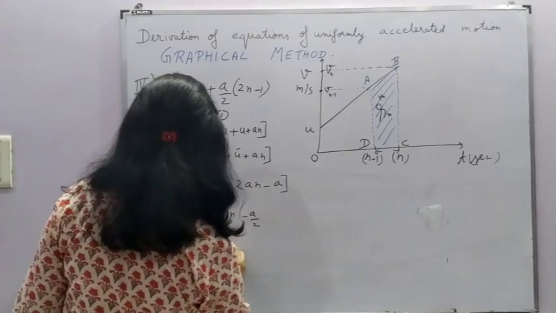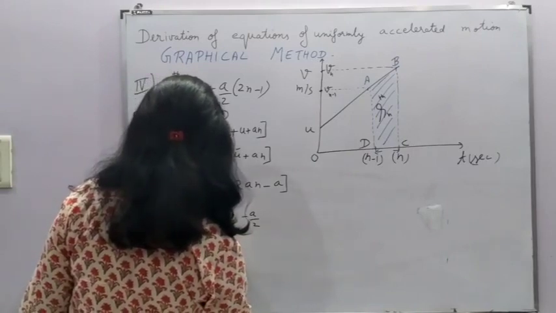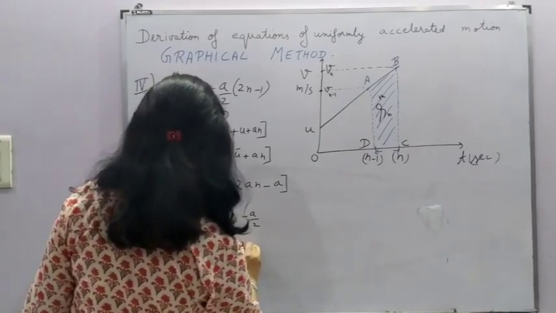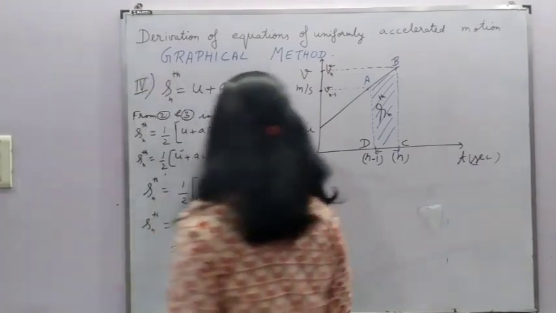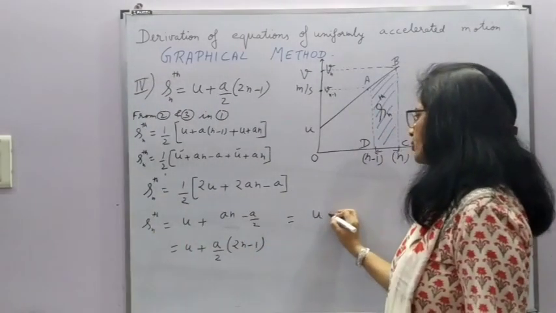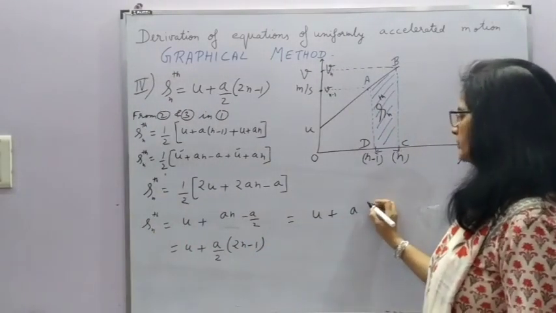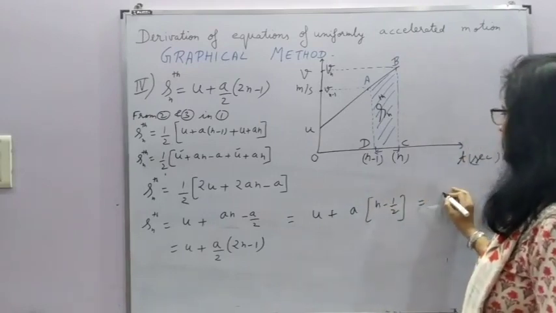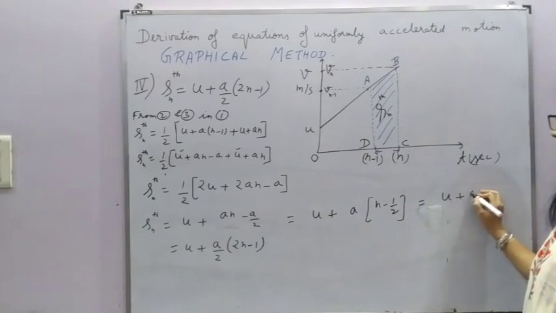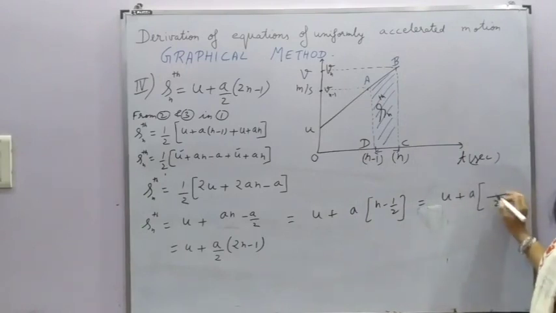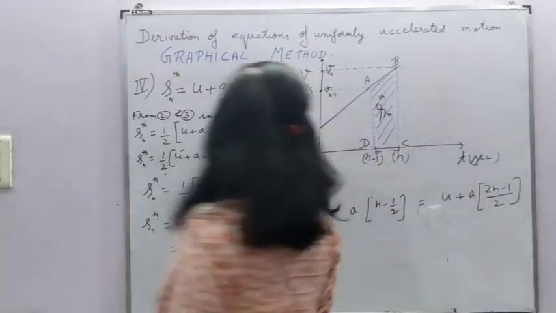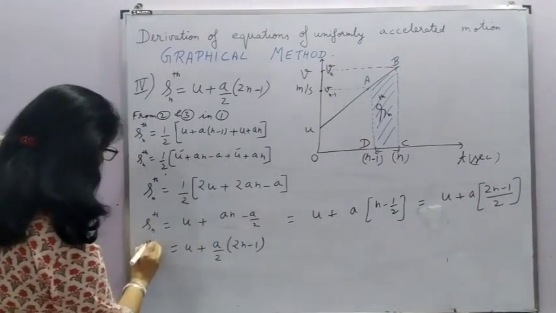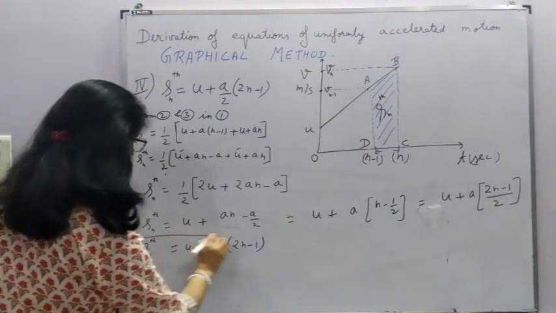If I take this LCM, so this makes it 2n minus 1. Why so? I can explain it here. U plus A common and minus 1 by 2 here. So this gives us U plus A by 2, I can take LCM here, 2n minus 1. This is the distance travelled in nth second.